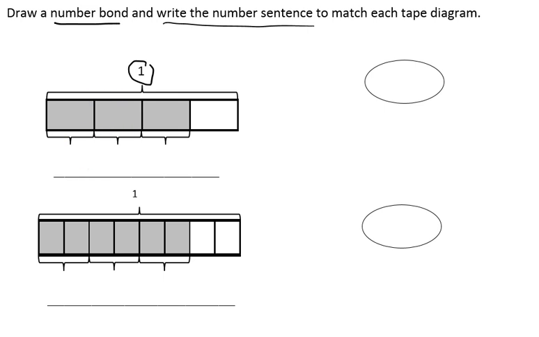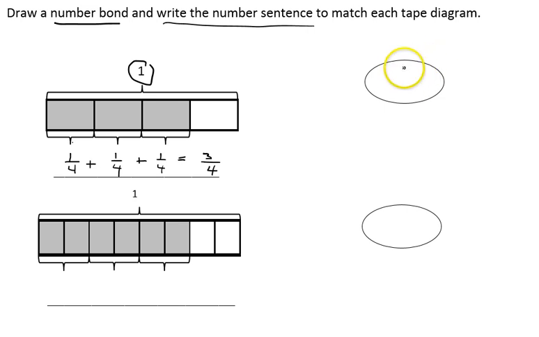To write my number sentence, I want to focus on the brackets below the tape diagram. Each bracket refers to one piece on the tape diagram. So the number sentence would be 1/4 plus 1/4 plus 1/4 equals 3/4 altogether.